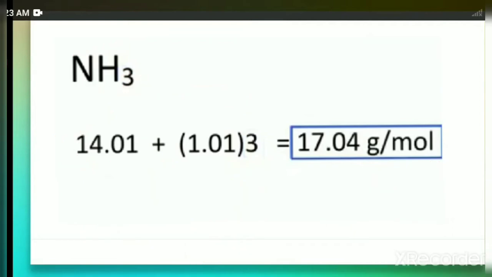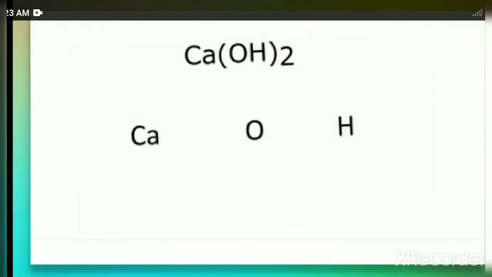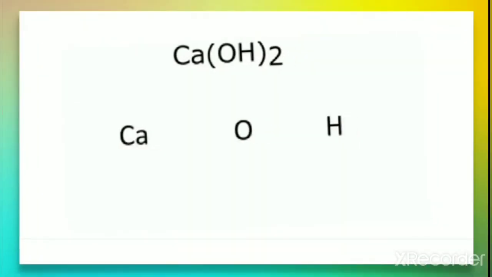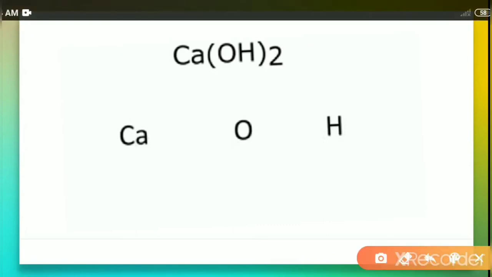Let us do another problem. Calcium hydroxide, its formula is Ca(OH) whole twice. When you look at its formula, it has 1 calcium atom, 2 oxygen atoms and 2 hydrogen atoms. How does it become 2?